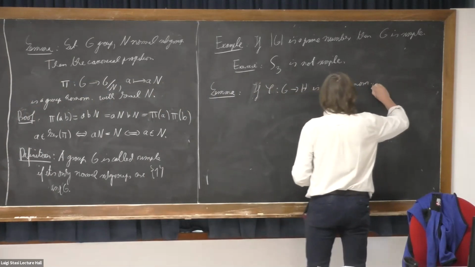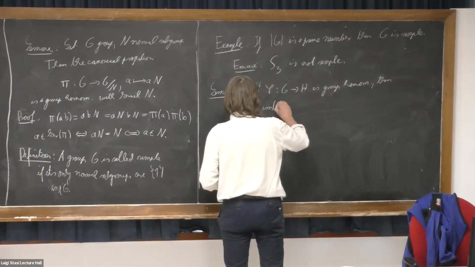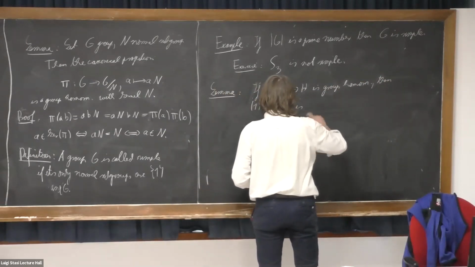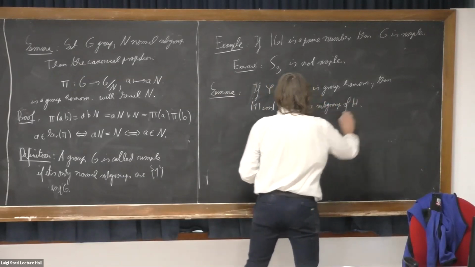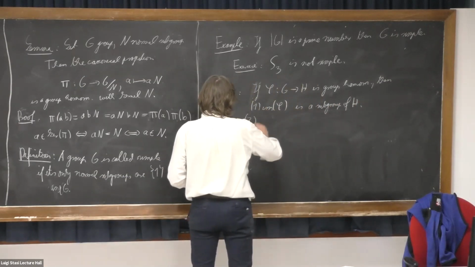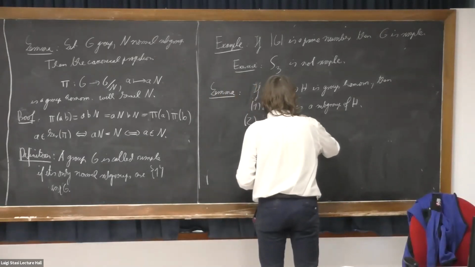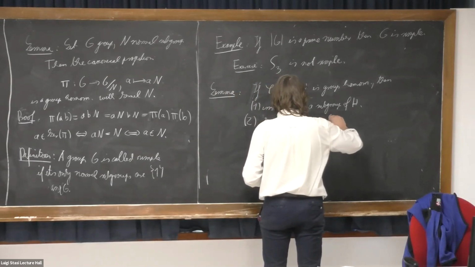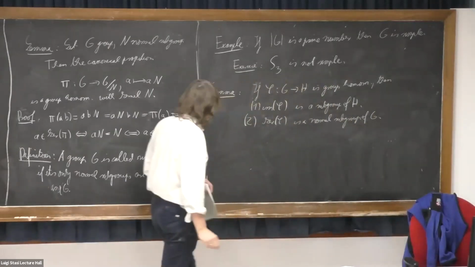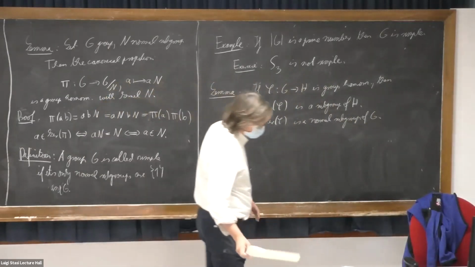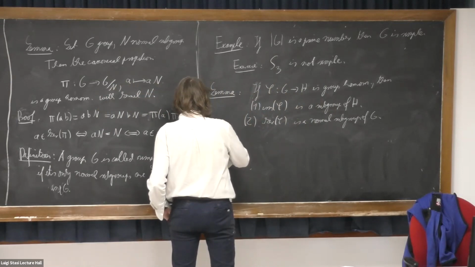First, the image of P is a subgroup of H, and more importantly, the kernel of P is a normal subgroup of G. The first one we can get as a proof.